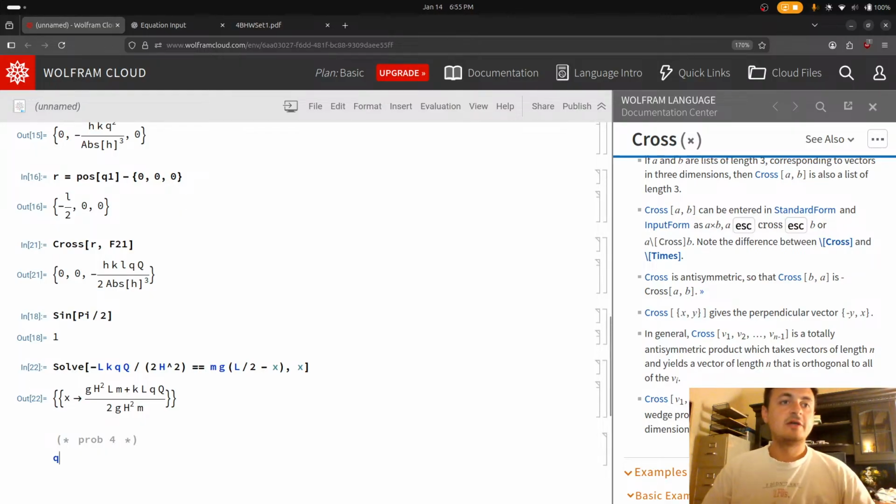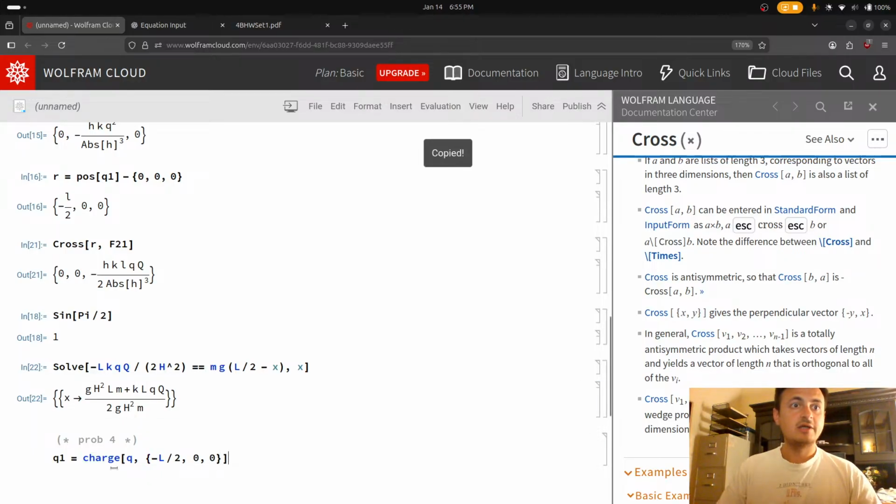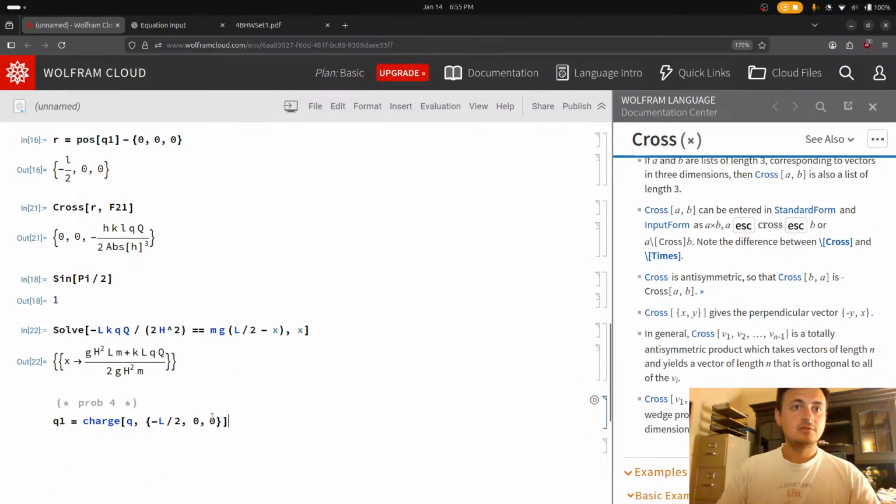Okay, so we're going to have Q1 equal to the charge. This is just going to be Q, and then it's a list: minus L over 2, 0, 0. Okay, now I'm going to just copy this. I want to do this. Wait, how do I do it on the same? I think that was what I wanted.